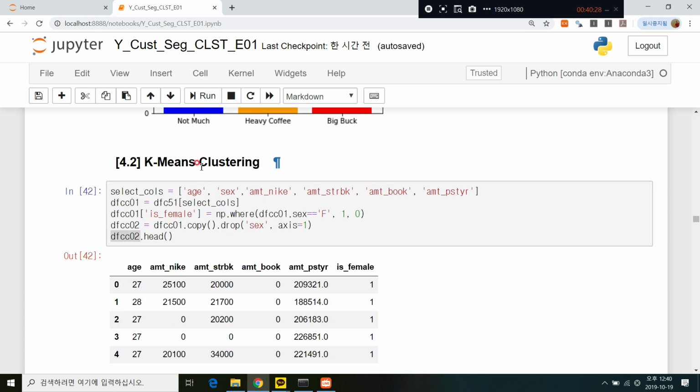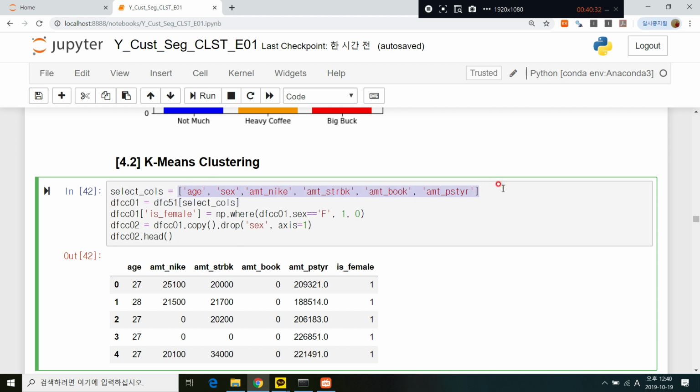The first step in k-means clustering is to decide what kind of variables to use in your clustering process. So here we chose age, sex, Nike, Starbucks, book, and at the same time we decided to include the amount in total. However, there is a problem, there is an issue.